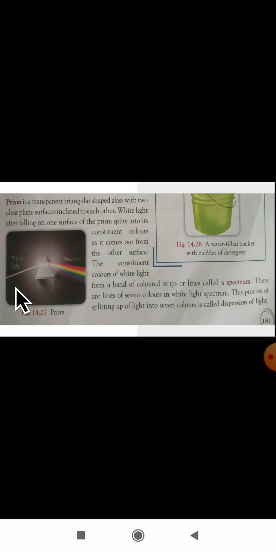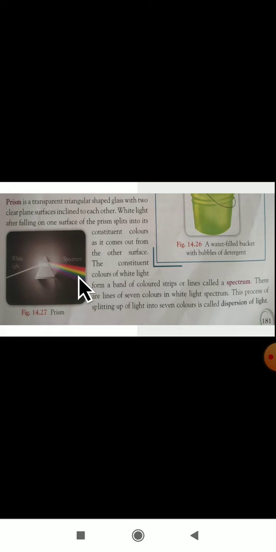When white light falls on one surface, what does it do? It splits into its constituent colors as it comes out from the other surface. When the white light falls on the first surface, it splits into different colors from the other surface.